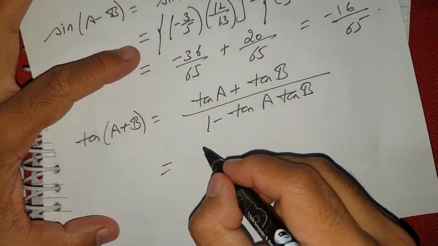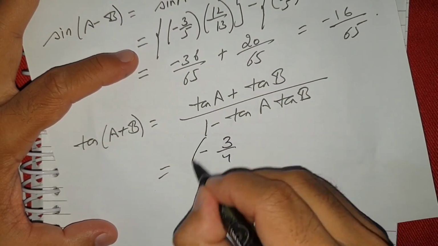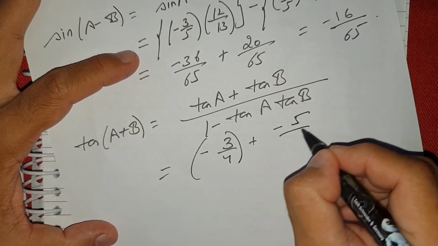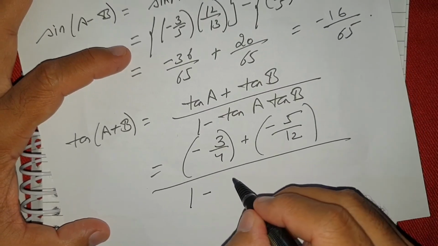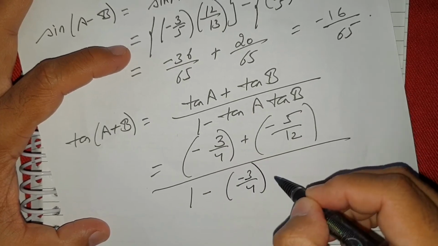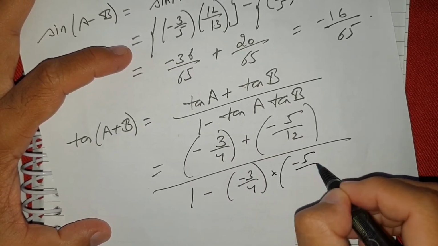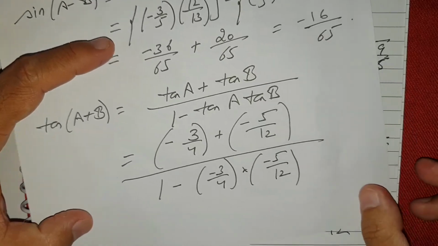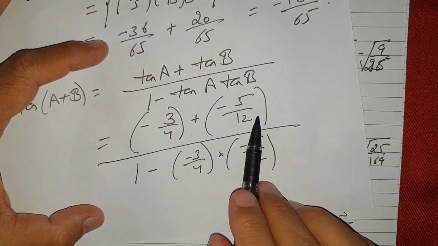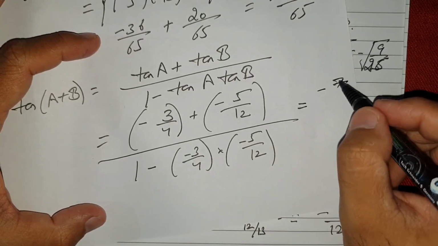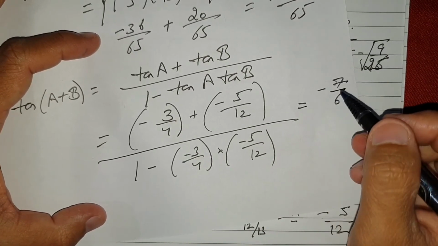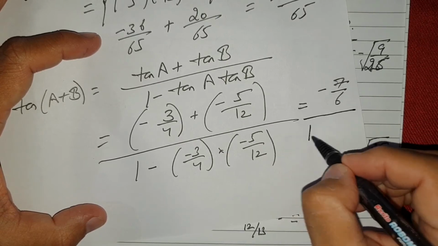Minus 3 by 4 plus minus 5 by 12, over 1 minus minus 3 by 4 into minus 5 by 12. When you solve this, taking 12 as the LCM, you will get minus 7 by 6.